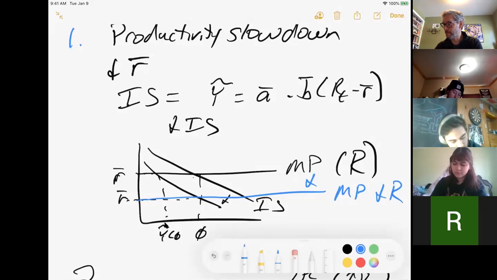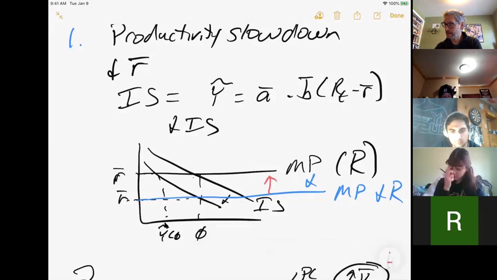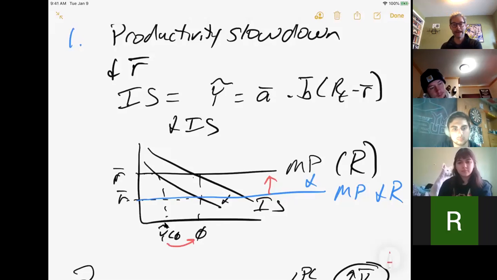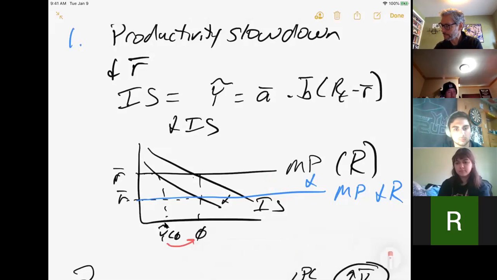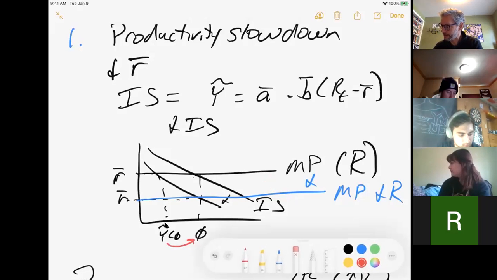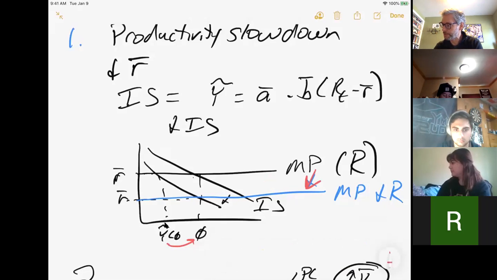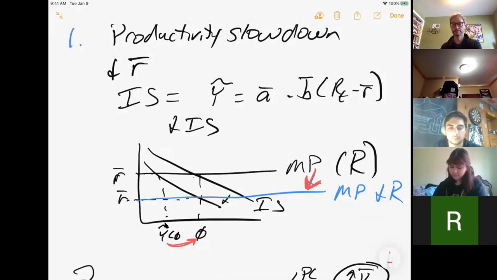Well, the policymaker response, which I didn't put in here, should be to increase the marginal product, or the MP curve, to get short run output back to where it was. I'm sorry, did I say that wrong? Gosh, it's been a long day. I did say that wrong. The central bank wants to reduce the MP curve, and that's going to drive short run output back to zero. Cool. Yeah, I got the r bar and the MP right. I just didn't know what assumptions you were looking for me to specify there.